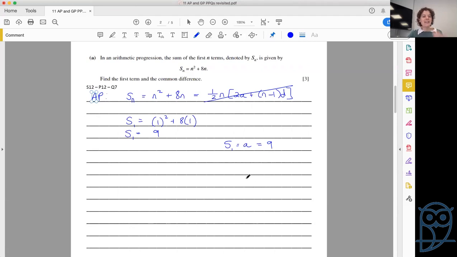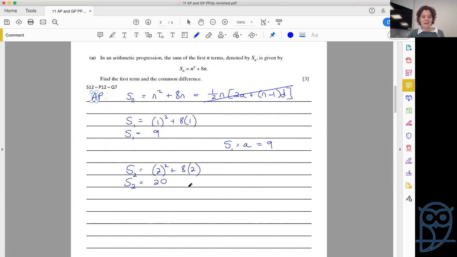Brilliant. Okay, now we've got this linkage of n going all the way through, so we could also plug in S2, because we understand that S2 is the sum of the first and the second term. So S2 equals 2 squared plus 8 times 2. So 4 plus 16, S2 equals 20.